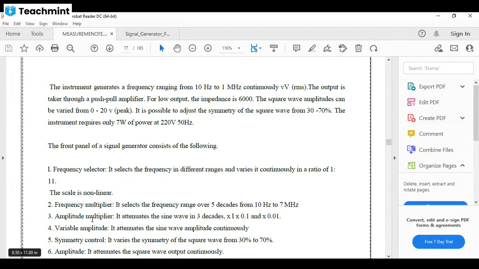And the variable amplitude attenuates the continuous square wave from 30% to 70%.